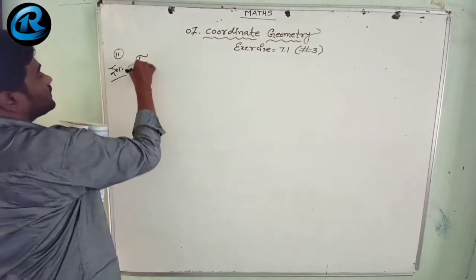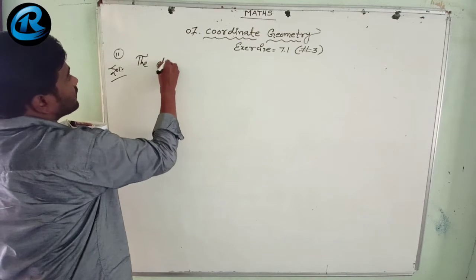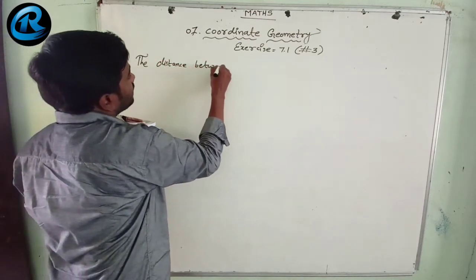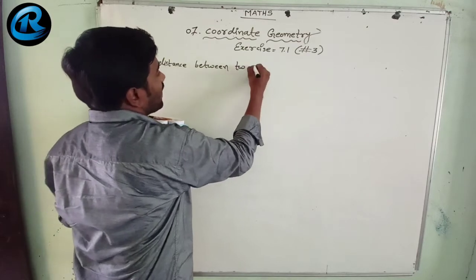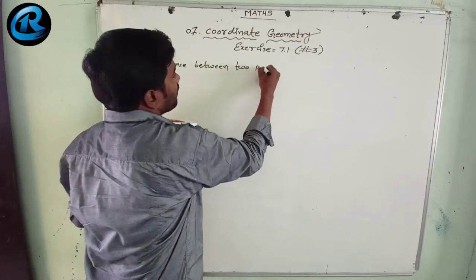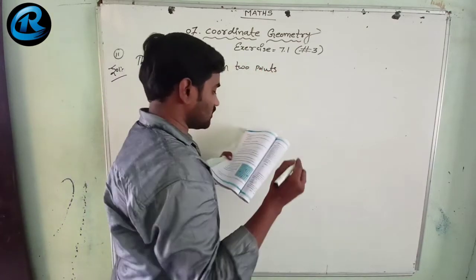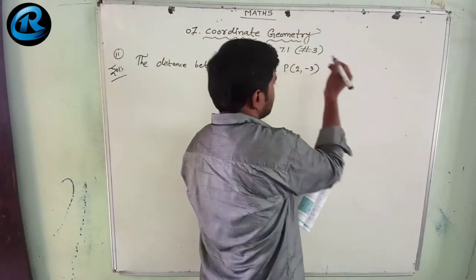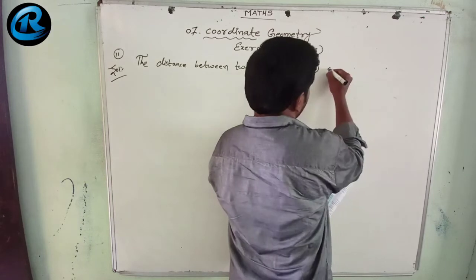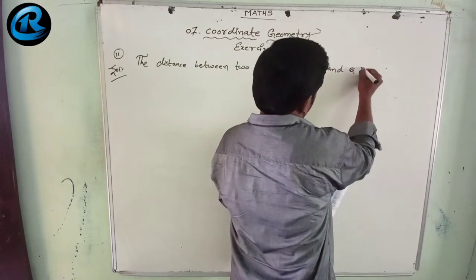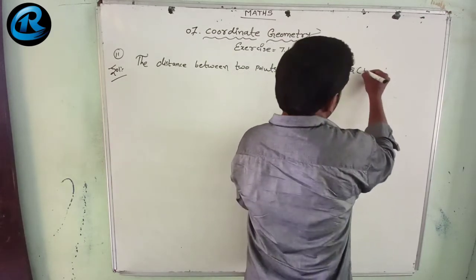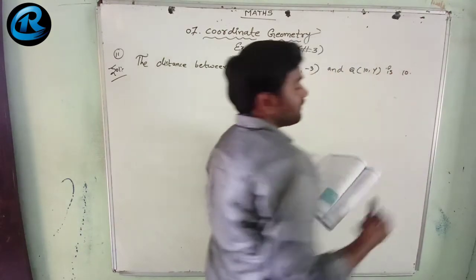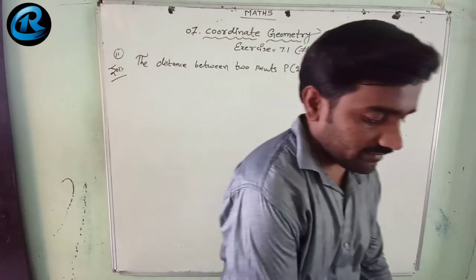The distance between 2 points P (2, minus 3) and Q (10, y) is 10, given.